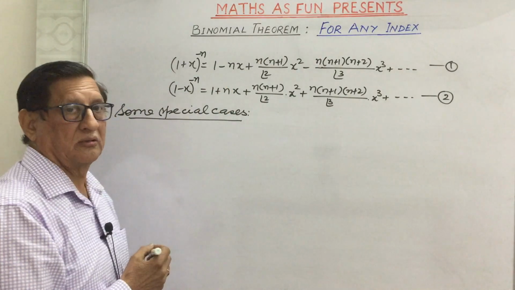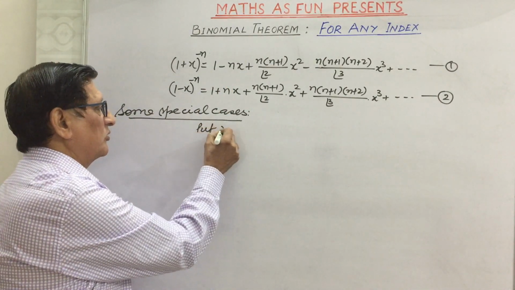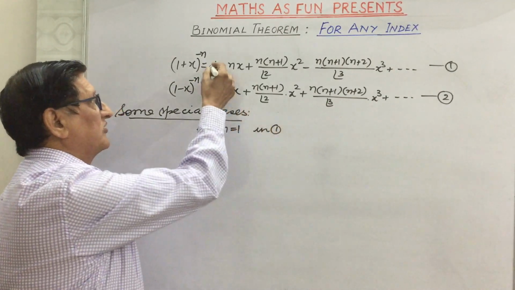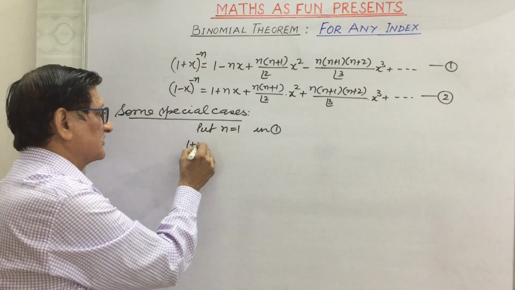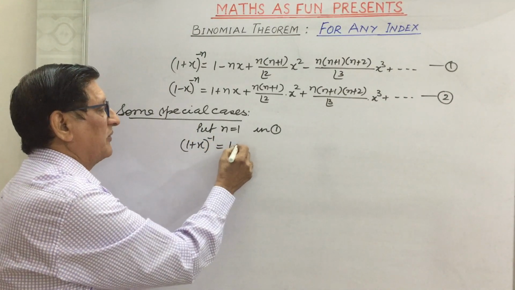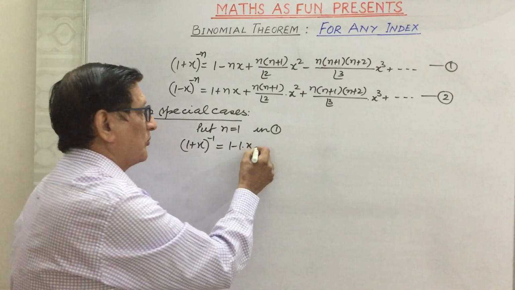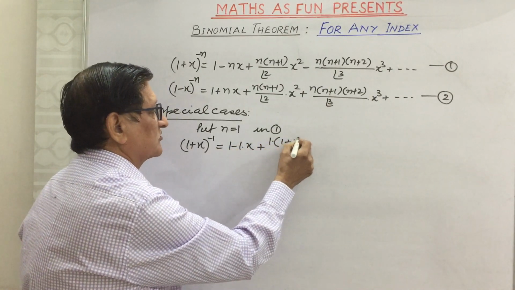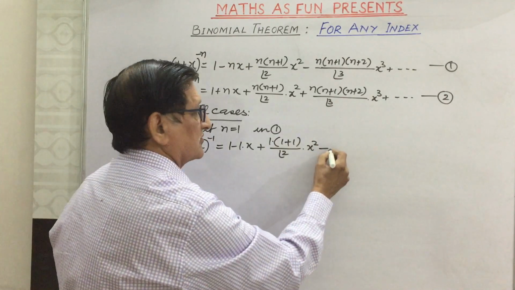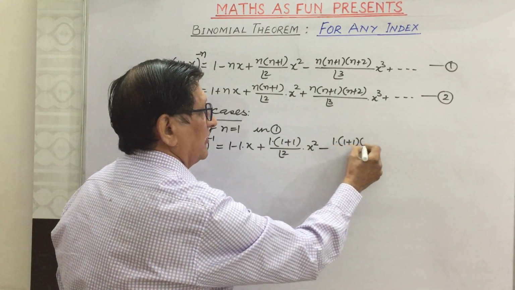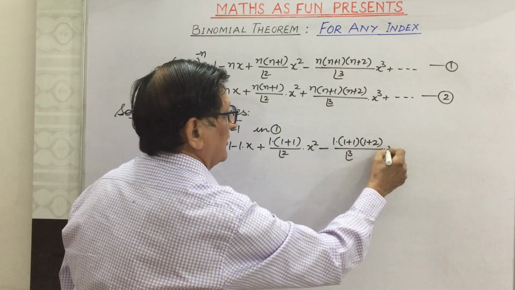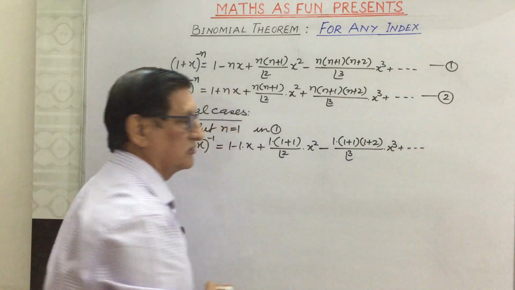Suppose it is 1. Then we will put n is equal to 1 in 1. First of all, we are taking the first case. It will be 1 plus x power minus 1 equal to 1 minus 1 into x plus 1 into 1 plus 1 upon factorial 2 into x square minus 1 into 1 plus 1 into 1 plus 2 upon factorial 3 into x cube plus so on.